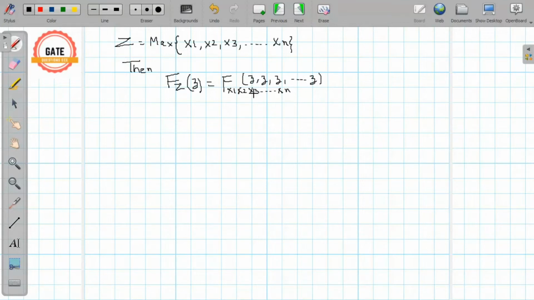So all these random variables have sample value small z. That is the relation between the CDF of z and the joint CDF of all these n random variables.